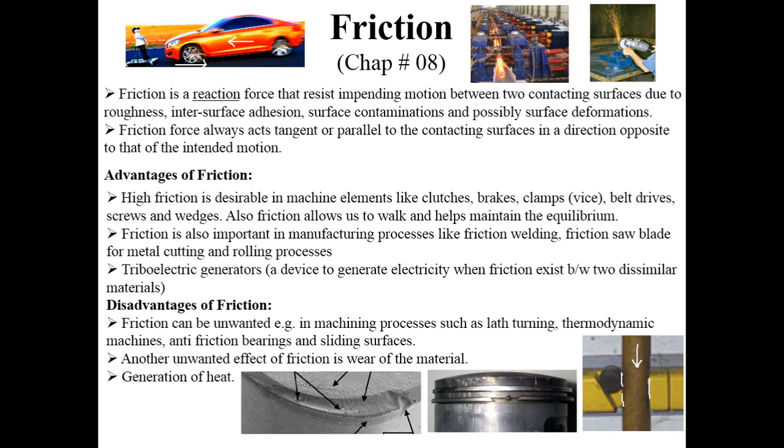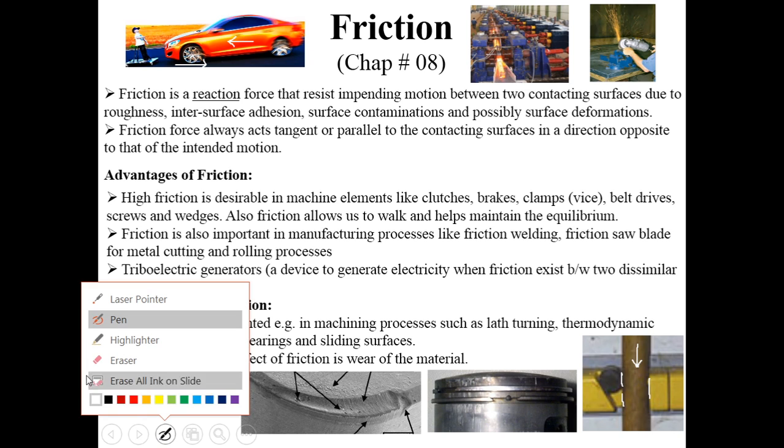Similarly, in manufacturing processes like friction welding, rolling process, forging process, or grinding process, as shown in this slide, and metal cutting processes, friction is always required. It becomes of fundamental importance. And then there can be triboelectric generators.